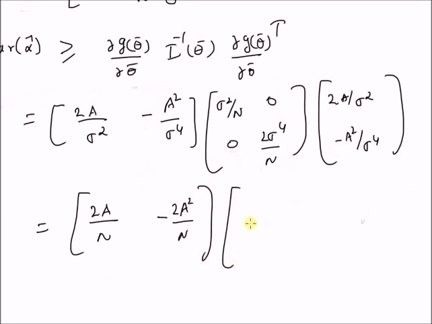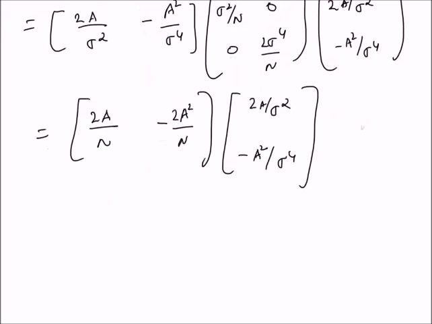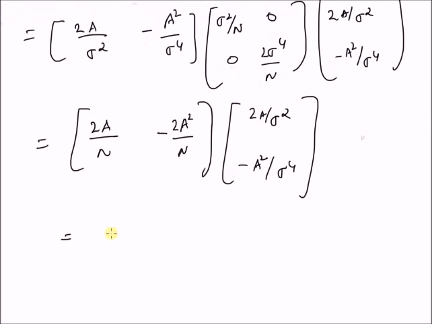And the product with 2a by sigma square, minus a square by sigma power 4, the product of these two vectors is clearly equal to 4a square by n sigma squared plus 2 a power 4 by n sigma power 4.